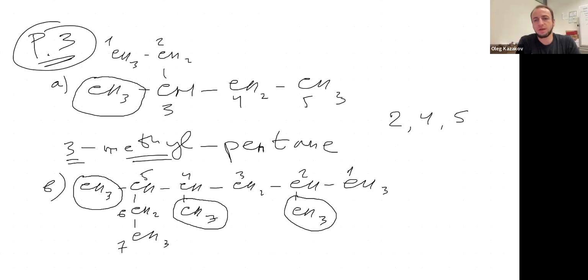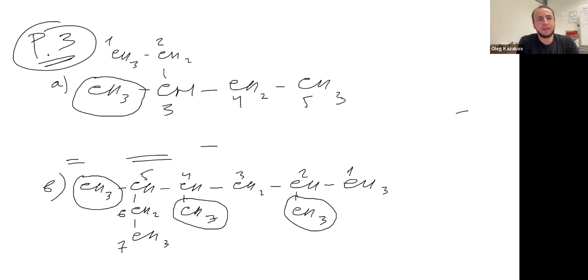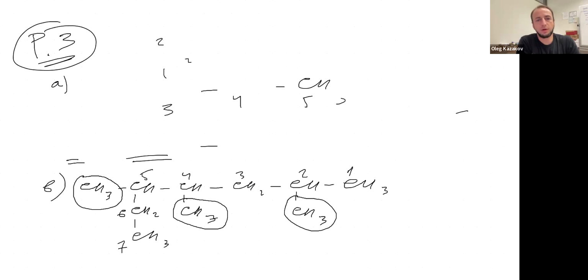So we're going to erase our part A, and we are going to minimize the mentioning of the word methyl. Let's take a look. 2, 4, 5, that's where the methyls are located.